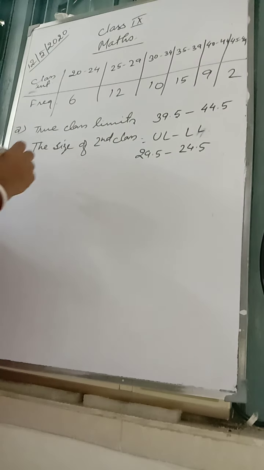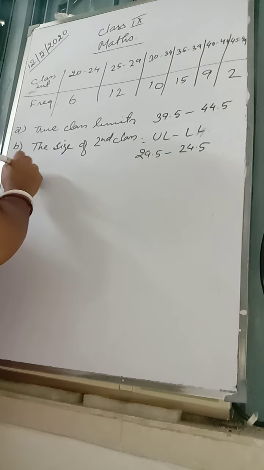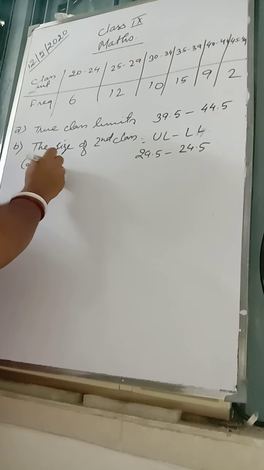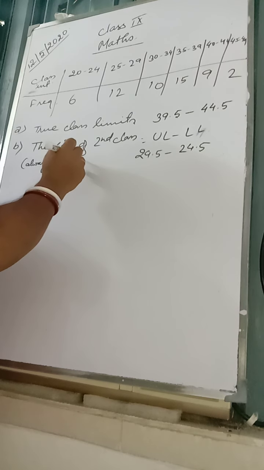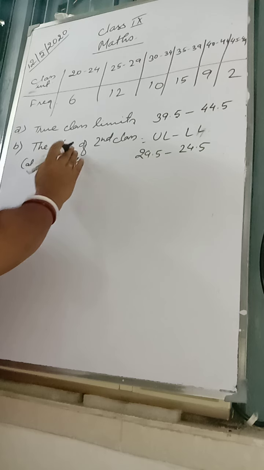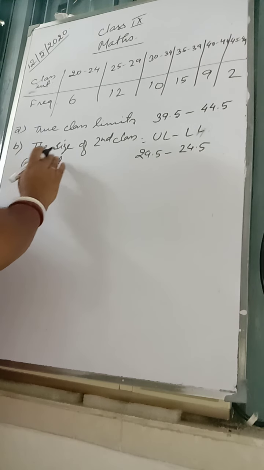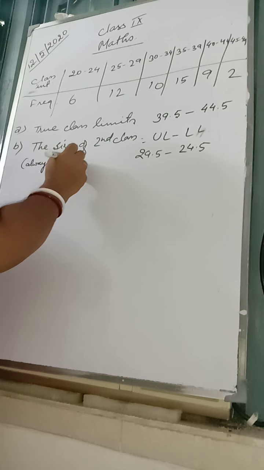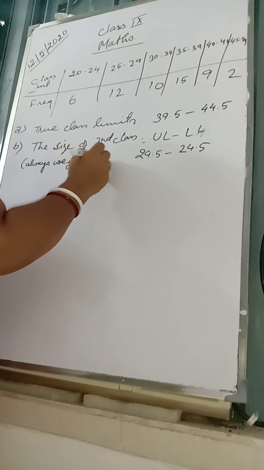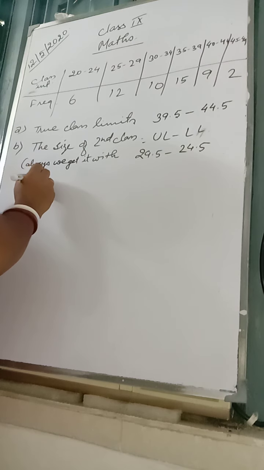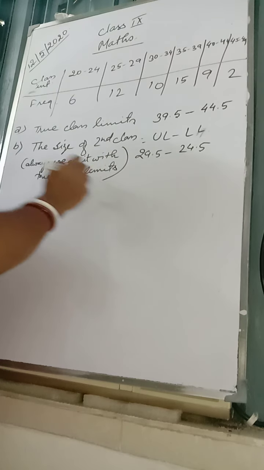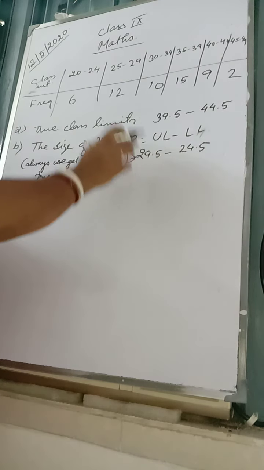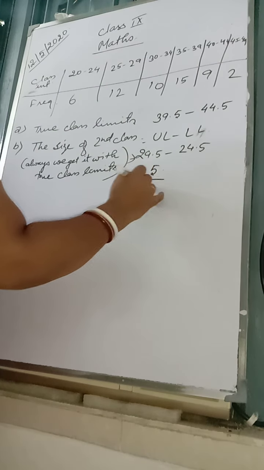Always you subtract the true class limits, the actual class limits. We will not get it with non-overlapping class limits. Clear? We always get it as upper limit minus lower limit. So the upper limit will be 29.5 and the lower limit 24.5. So that class size is 5.